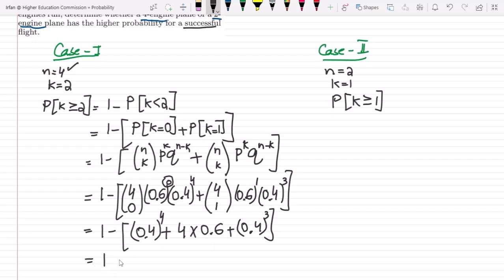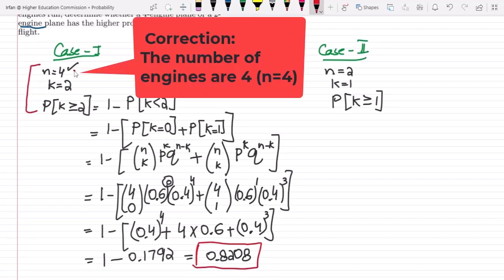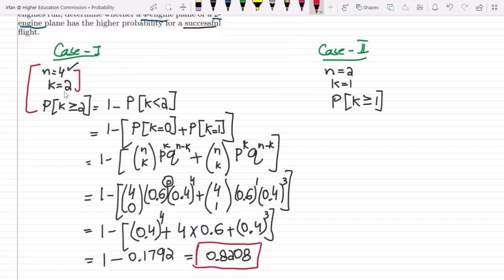In solving it, what will I get? It would be 1 minus 0.1792, which ultimately gives me 0.8208. So this is the solution for case 1, where the number of engines is 4 and we need the number of operational engines to be greater or equal to 2.